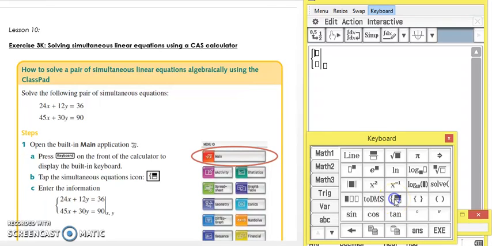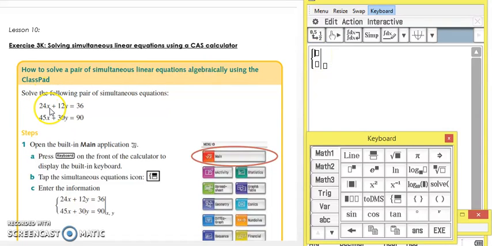We're going to click that, and three boxes will pop up. The first one, we're going to put our first equation equaling to something. Second one, second equation. And the third one is what we want the calculator to solve for. Because we're solving a pair of simultaneous equations, we want it to solve for x and y.